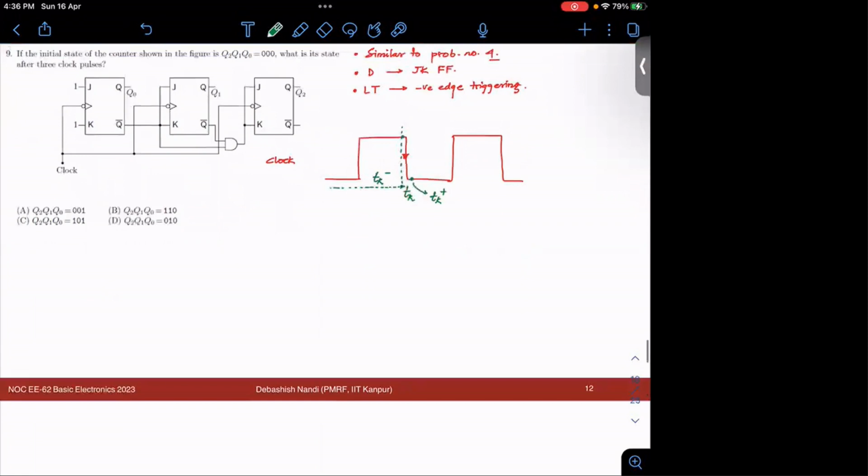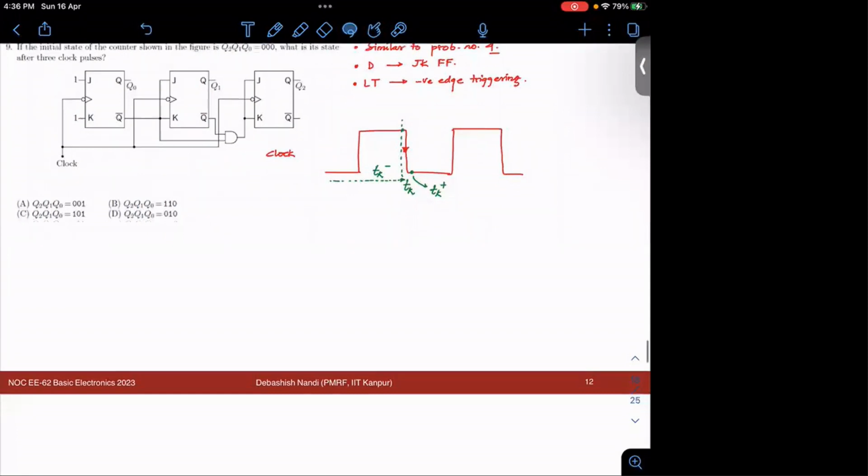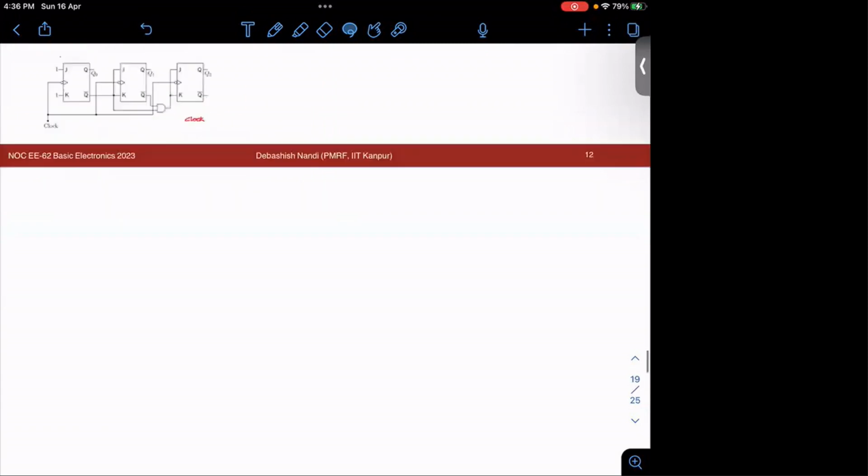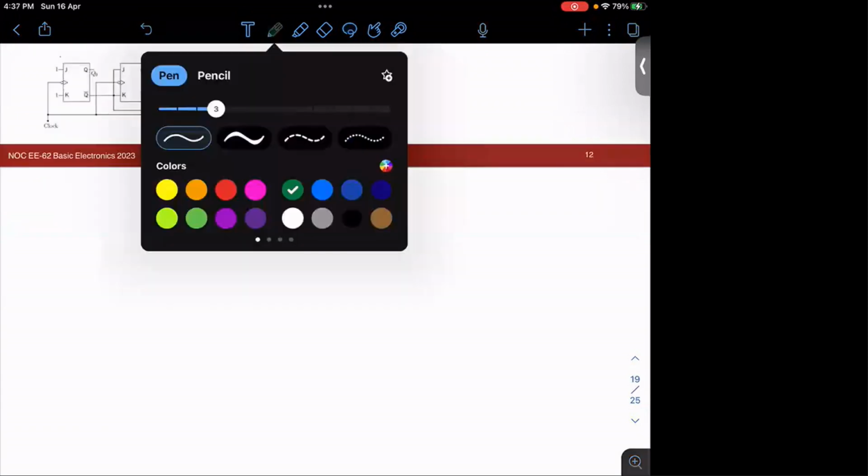Now we will make a table of it. Let me copy the circuit here, and we'll make the same kind of table.